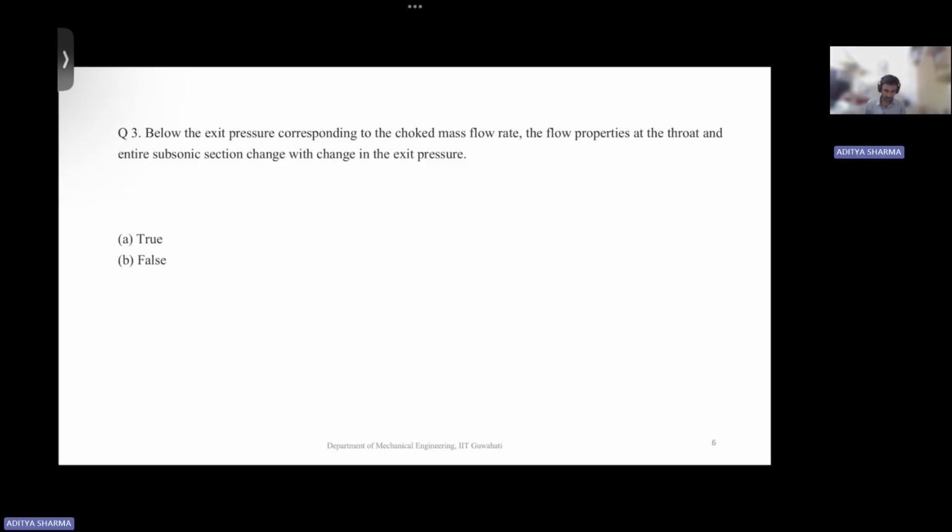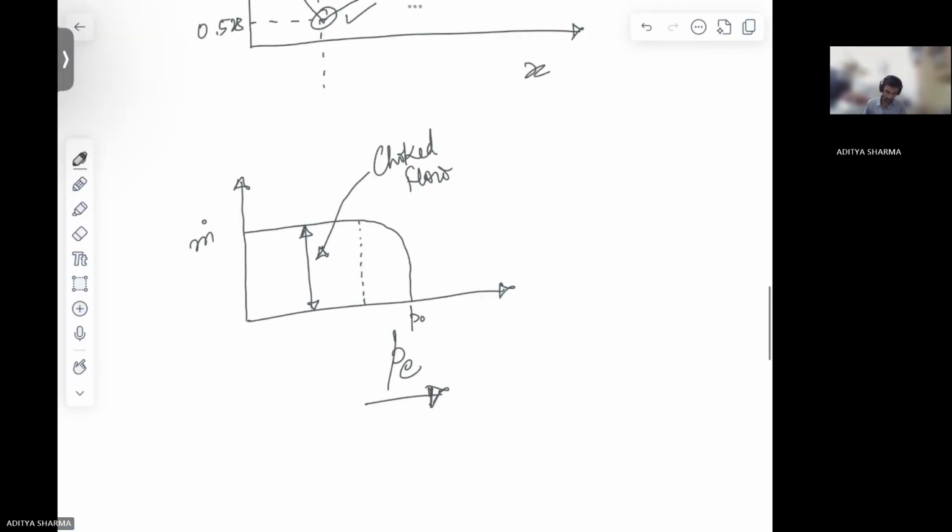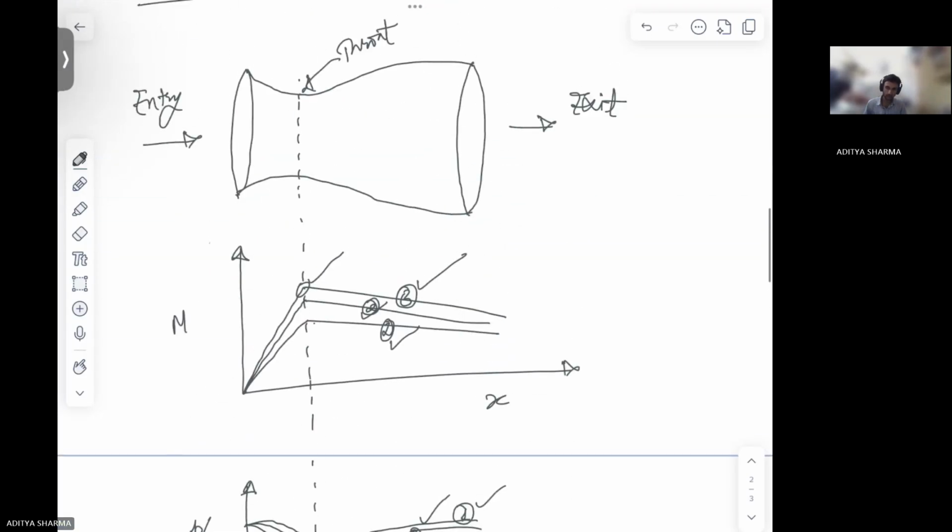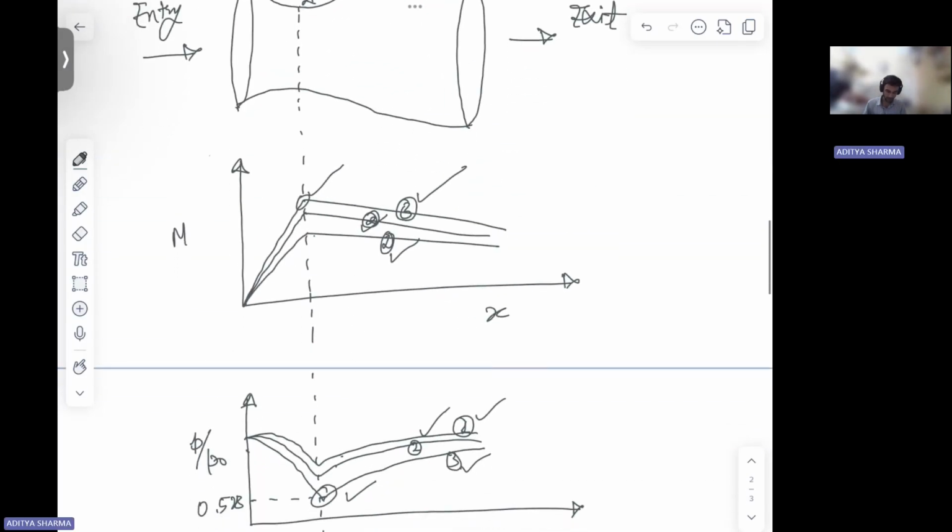So this basically says that first it talks about exit pressure for your choked mass flow rate. Let's see this using a figure.